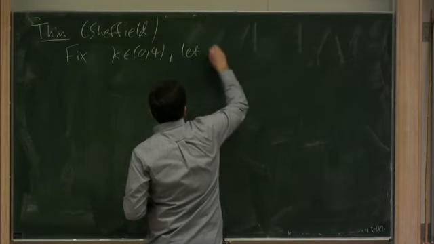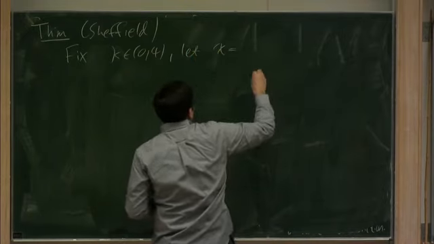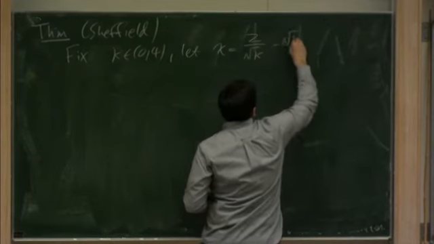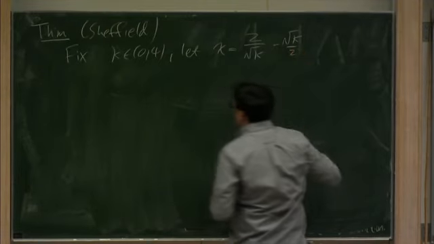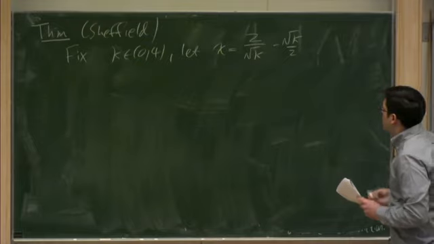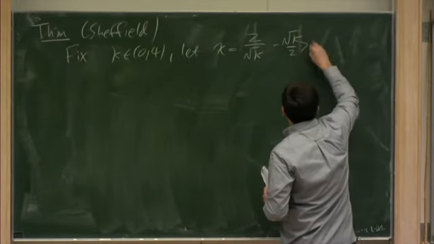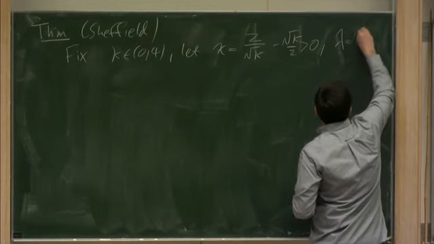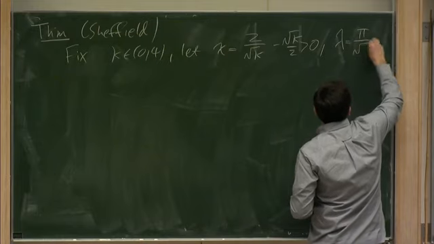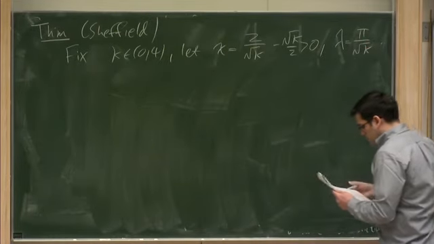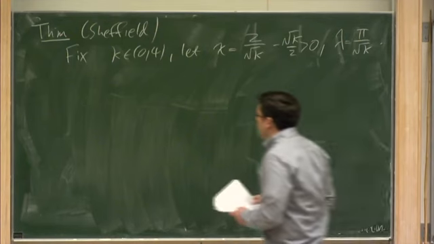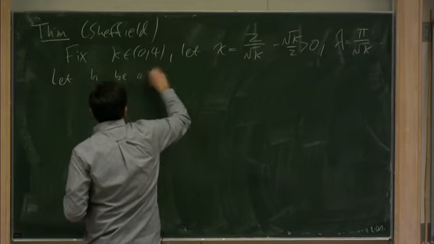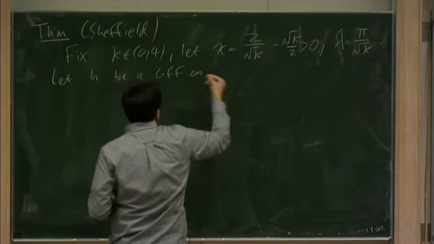And then I'm going to let chi be a kappa-dependent constant given by 2 over the square root of kappa minus the square root of kappa over 2. Because kappa is between 0 and 4, you'll notice that this is always positive. And then I'm also going to let lambda be the constant given by pi over the square root of kappa. Okay. And then I'm going to fix a Gaussian free field on the upper half plane.